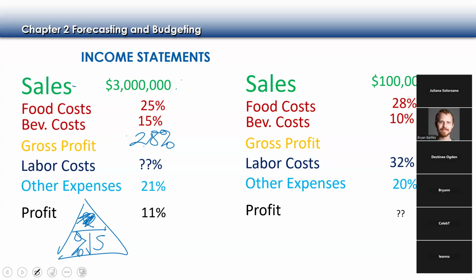Percent times the sales. And that tells me what my labor budget is. What is my labor budget? If I've got $3 million in sales and I'm aiming for a 28% labor cost, what is my budget?